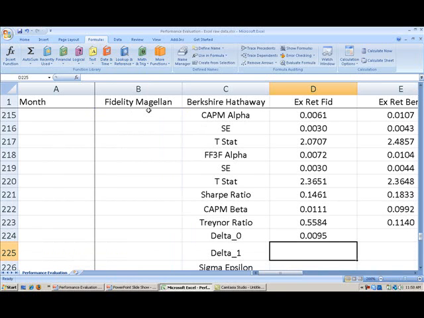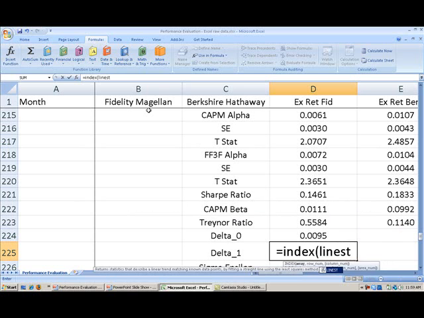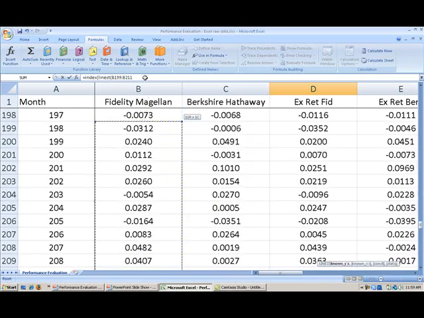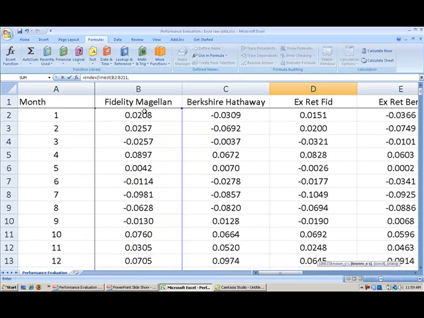We now need to calculate the beta, or the delta 1. That's going to be similar. We're going to use INDEX LINEST. The y variable is going to be Fidelity's returns. The independent variable is the market, market underscore ret, comma, comma, 1, close brackets.